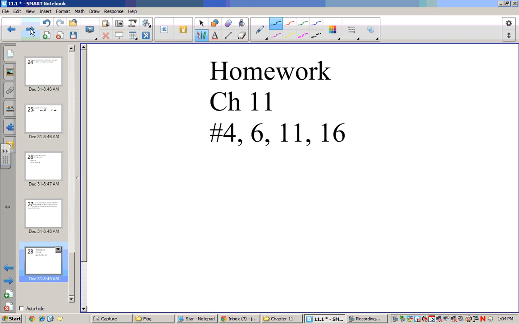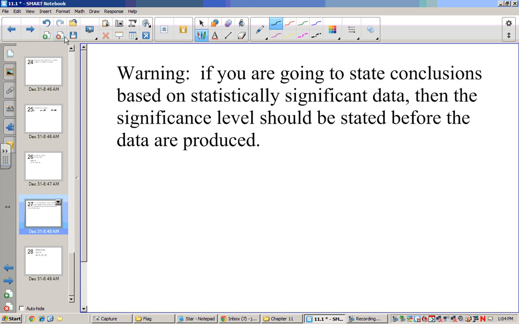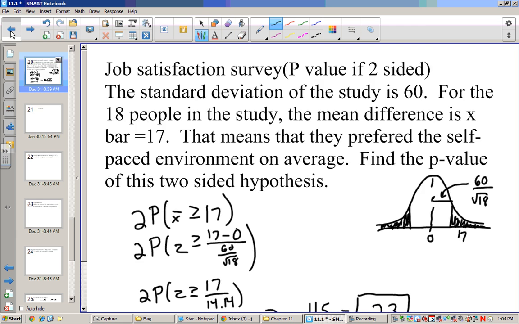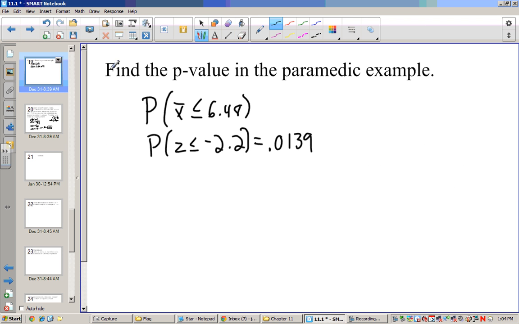And I'll show that. So let's go back to our previous p-values. For instance, on the paramedic example, we have a p-value of 0.013.